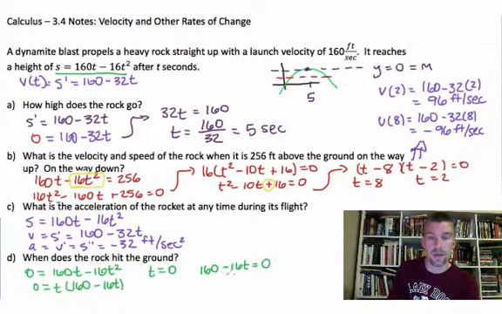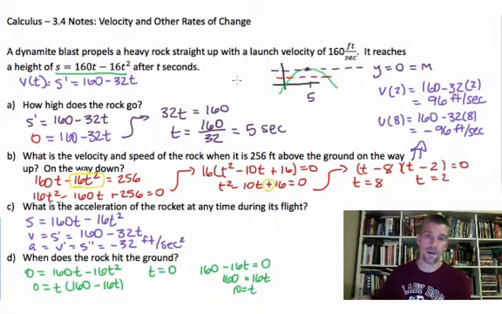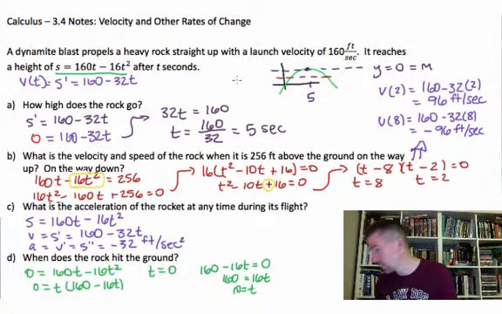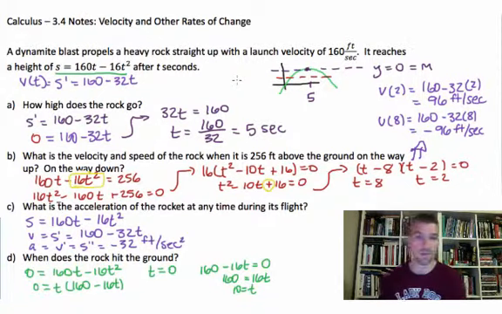Well, what do you get here? You're going to end up with 160 equals 16t. So when t equals 10 seconds, you're going to cross back over and hit the ground. And I'm just double checking on my calculator here, and that's what it is, 0 and 10.